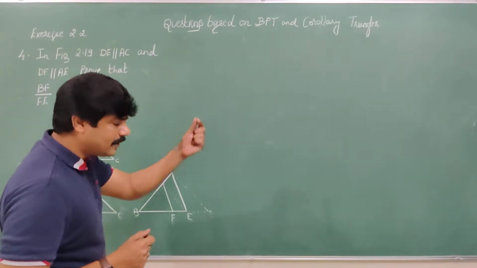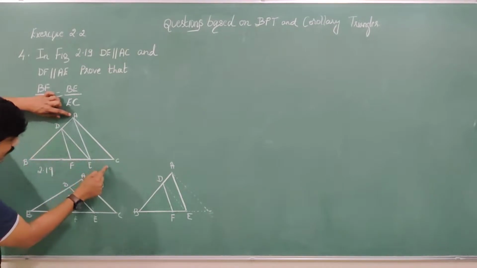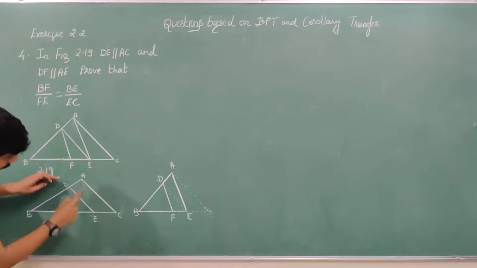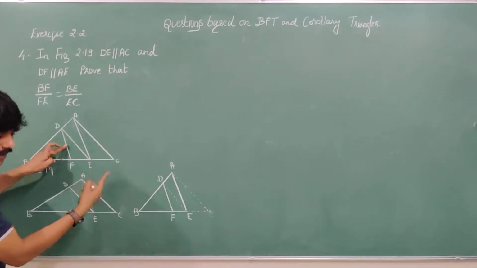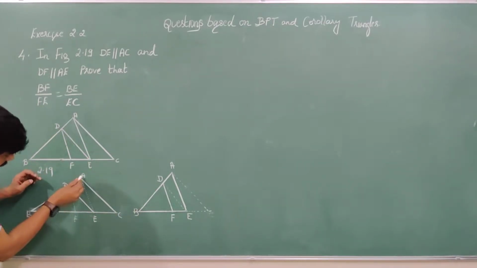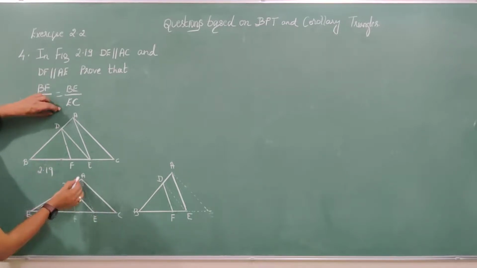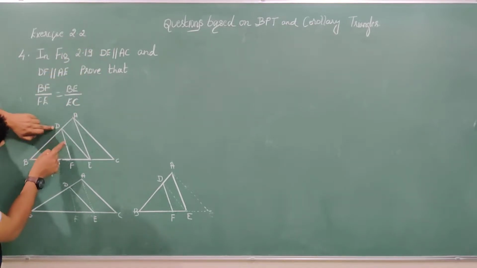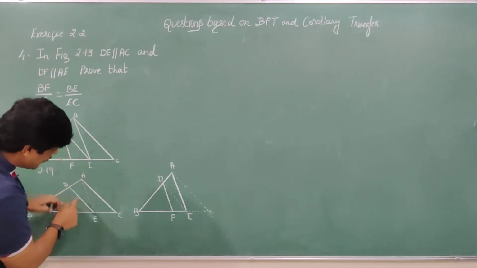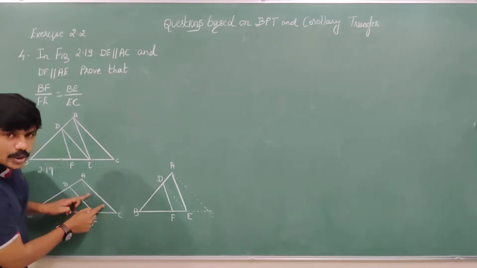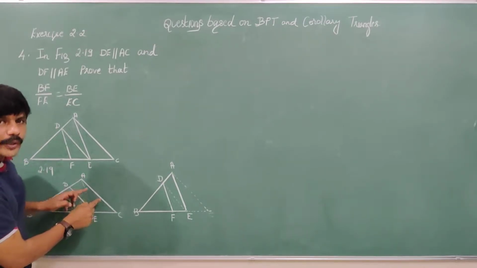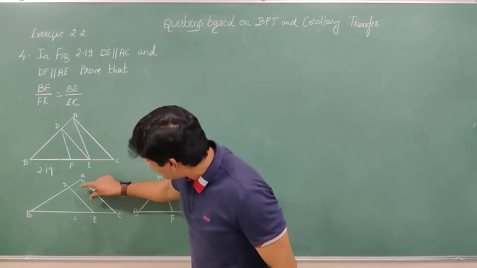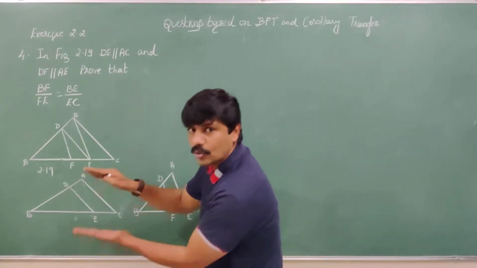So based on that, see here, triangle ABC, which we have split into two. In triangle ABC, observe DE is parallel to AC, taken separately.